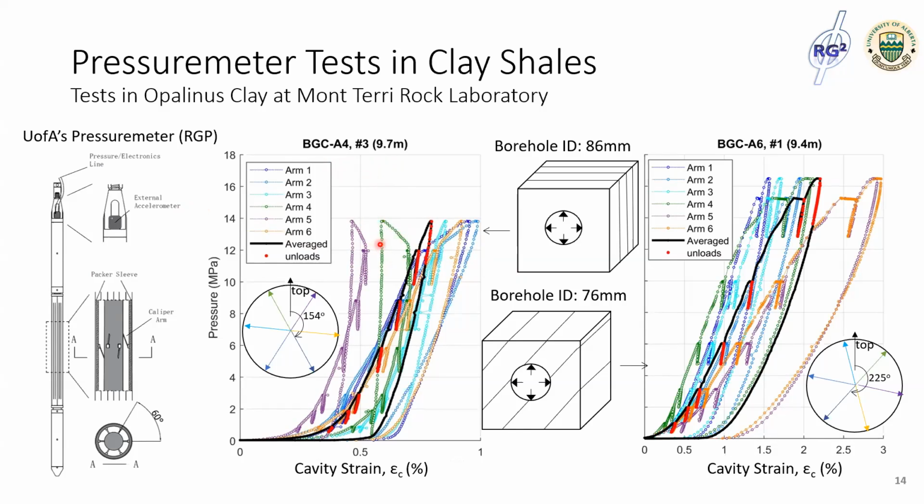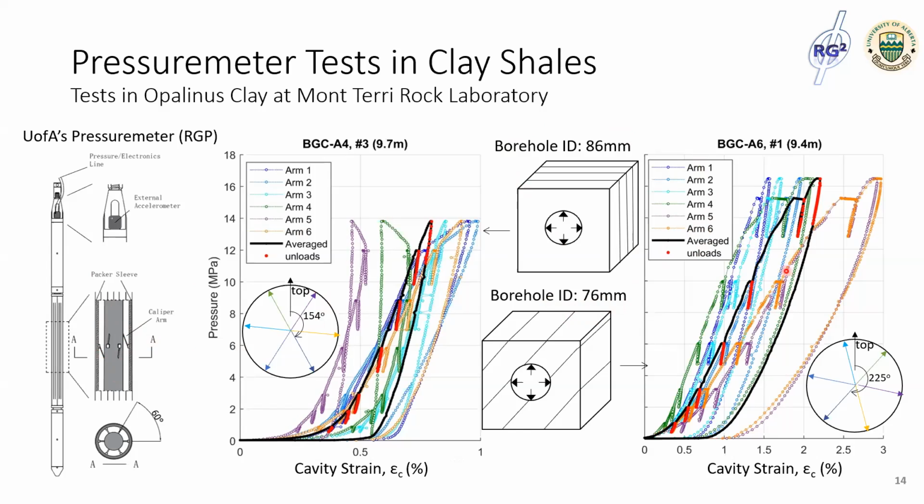And this is because of the artifact induced by the off-center movement of the instrument, where the caliper arm sits during expansion. We have proposed a procedure to correct this effect, and I will talk about this later. The test in BGC-A6 is less affected by this artifact due to its smaller borehole size with a diameter of 76 millimeters, and so the deviation of the instrument body is tightly restricted.